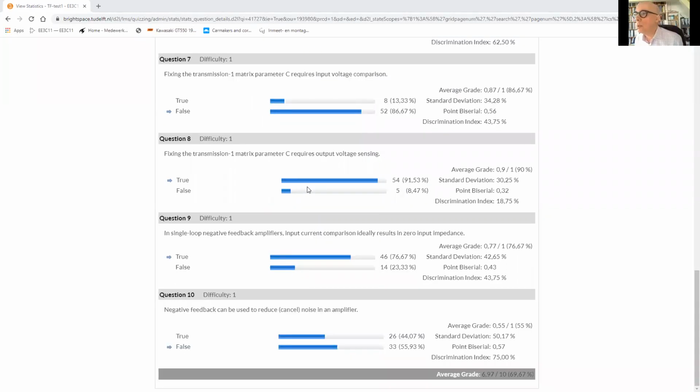In single loop negative feedback, input current comparison ideally results in zero input impedance. Yeah, but that is the design of negative feedback amplifier configurations and the principle of negative feedback basically.